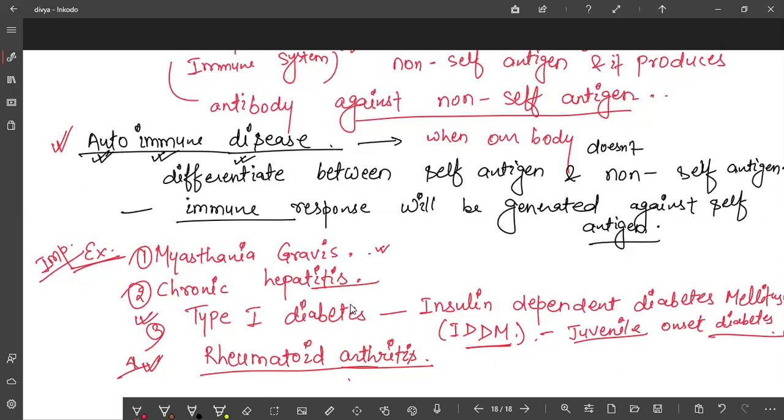Is it there or not? Autoimmune disease, autoimmunity. And what is the example of autoimmune disease? Rheumatoid arthritis, only one is given. Here I have written rheumatoid arthritis, and this is an autoimmune disease, or this may be called autoimmunity.